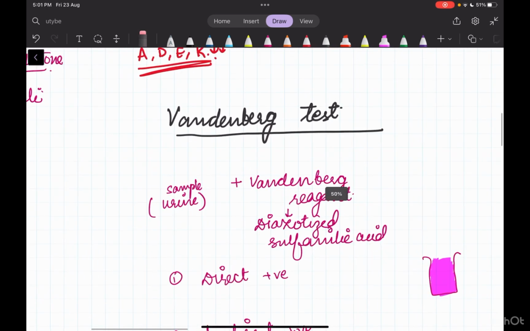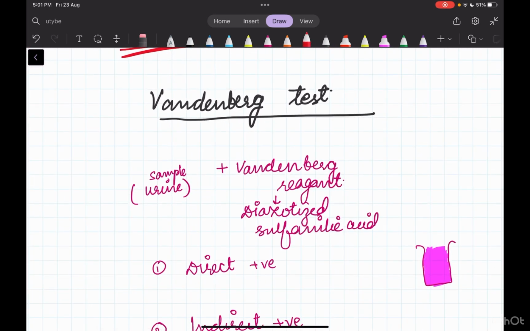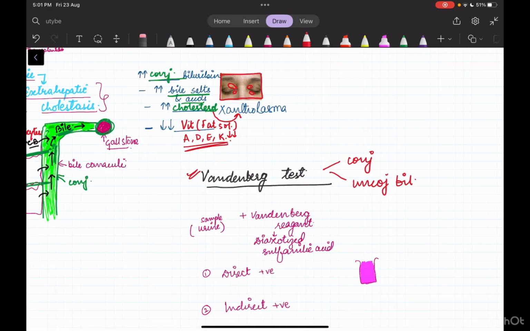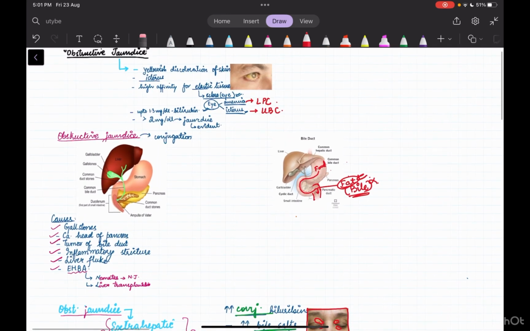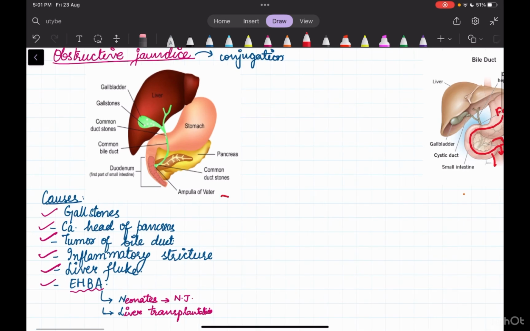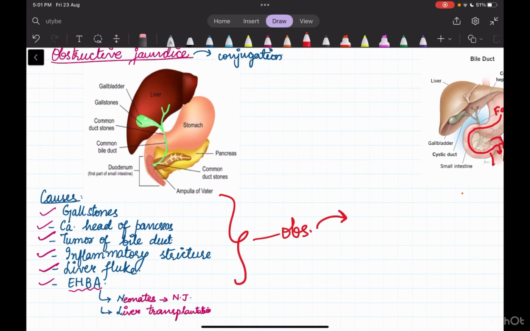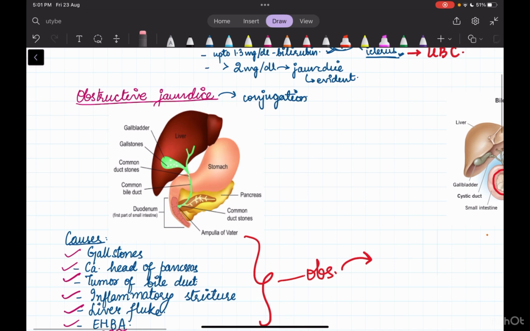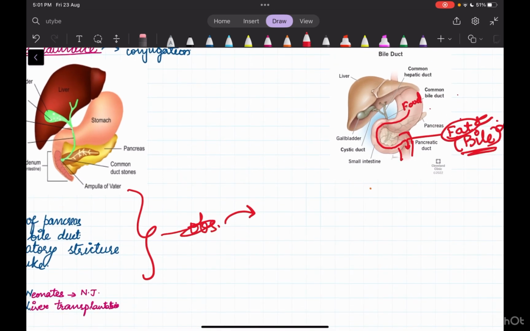Here I have written a test which is the van den Bergh test. This helps you to differentiate between conjugated and unconjugated bilirubin. Before telling you this, I want you to understand that all of these are causes of obstructive jaundice, but these are not the only reasons which cause conjugated hyperbilirubinemia, because there are several other reasons also, but they are not categorized into obstructive jaundice, like alcoholic hepatitis.